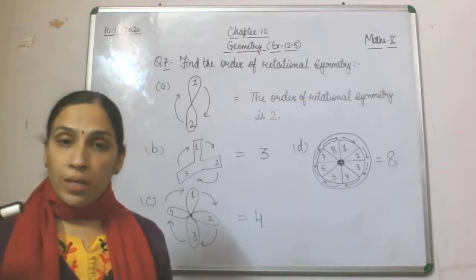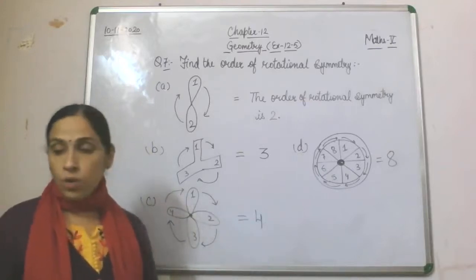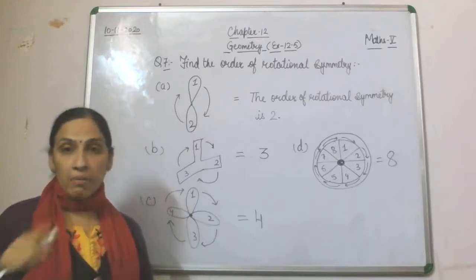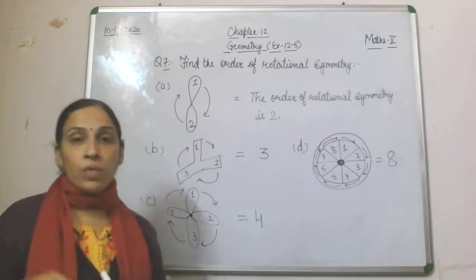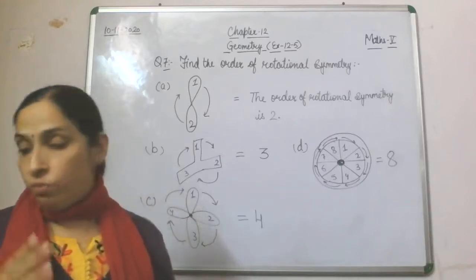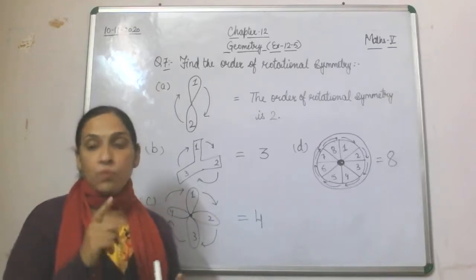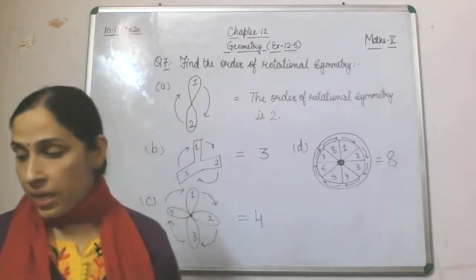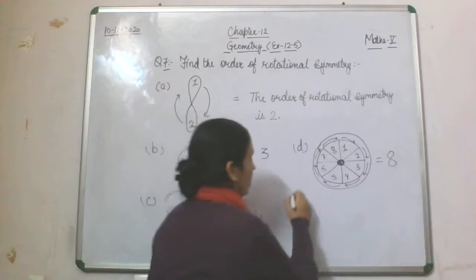Now D part we have already done. In E part you have been given a fan, again having 4 parts, and again that will be rotated like that only, and the order of rotational symmetry will become 4. 1, 2, 3 and 4. Now the last one, that is F part, your hexagon.